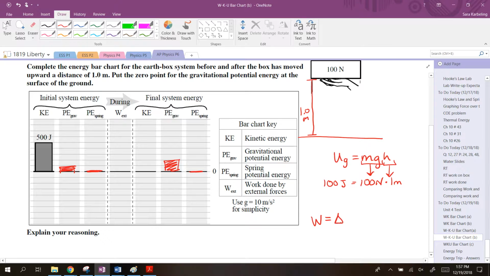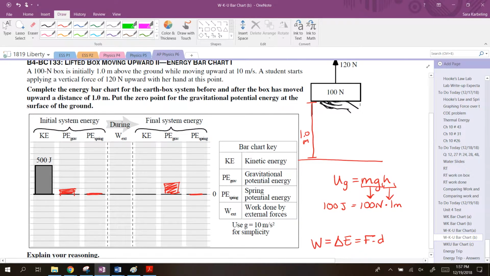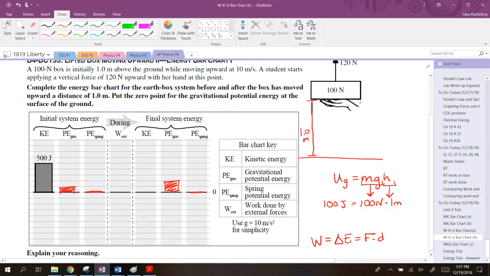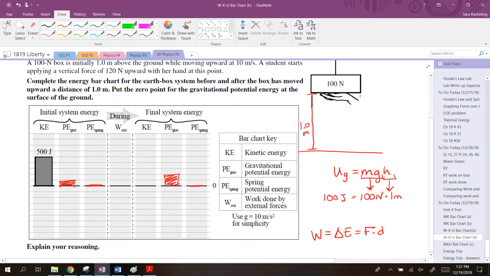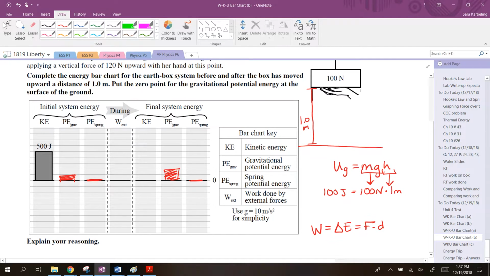So the work is the change in energy, which is force times distance. The student is applying a force of how much? 120 over a distance of 1 meter. So that means that she has done how much work? 120 joules of work.